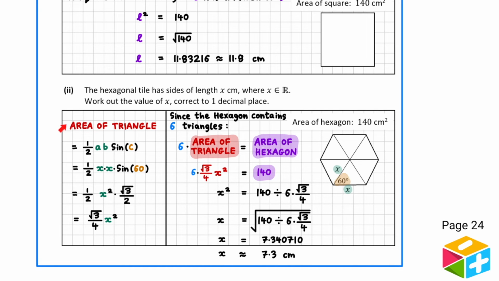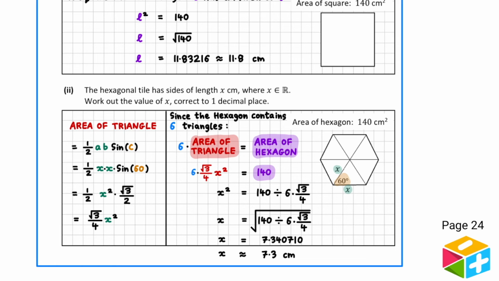To find the area of the triangle, we can use a result from page 16 of the formula book. It says that the area of a triangle is equal to 1/2 times a times b times sine C. Here, a and b refer to the lengths of 2 sides of the triangle, and C refers to the angle between these 2 sides. In the label diagram we've been given, we have two sides and the angle in between.